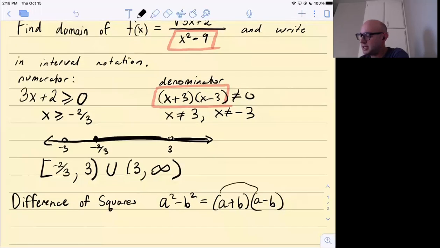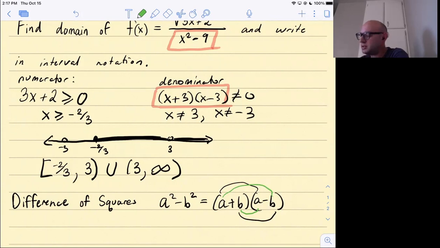You get a times a is a squared, plus b times minus b is negative b squared, and then the cross terms will just end up canceling because it's going to be BA and negative AB, so they're going to cancel. So that's how you get the denominator. You recognize that it's x squared minus 3 squared, so it's x plus 3, x minus 3.